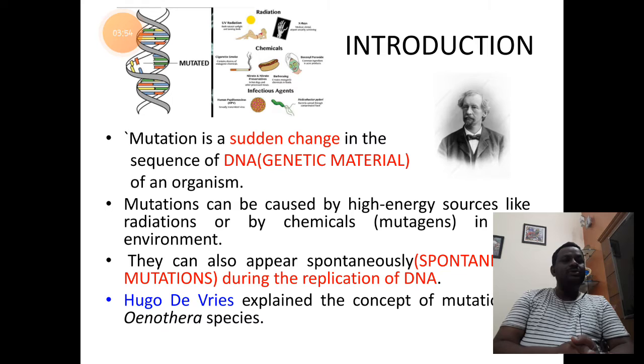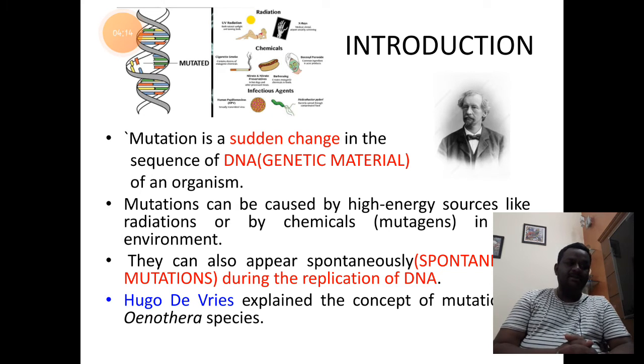It was Hugo de Vries who explained the concept of mutation in four o'clock plant called Oenothera lamarckiana species.